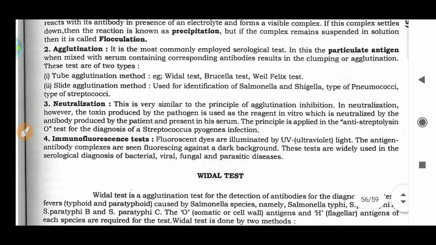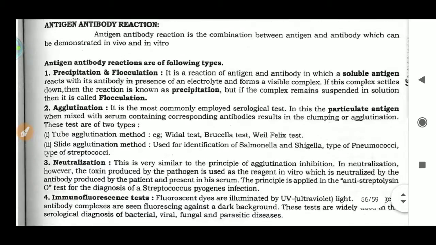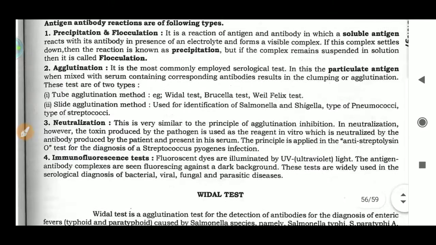Alright, so the other antigen antibody reaction type is the immunofluorescence test. What is this? Fluorescent dyes are illuminated by ultraviolet light or UV light.